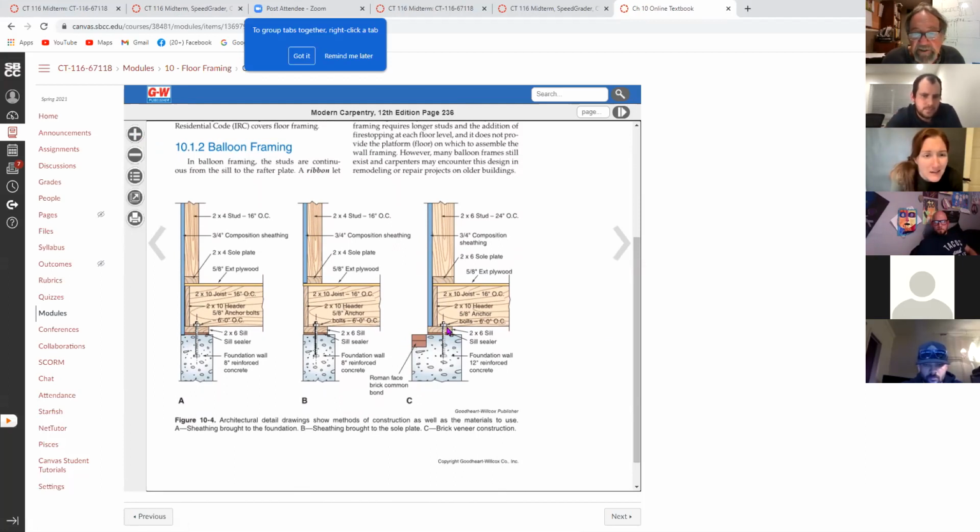So this is just to show you how floor systems go on the top of footings. We don't do a lot of brick here, so that one's not too common, but these are both similar. I do it different.